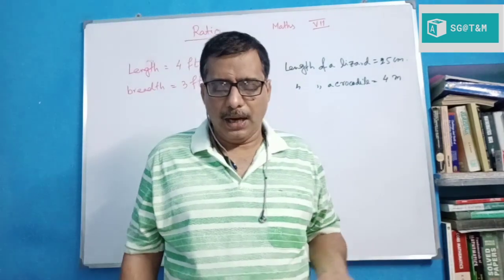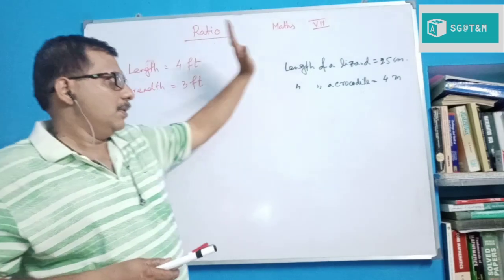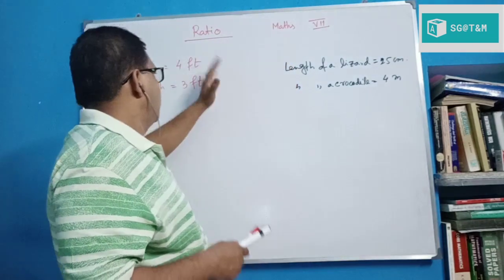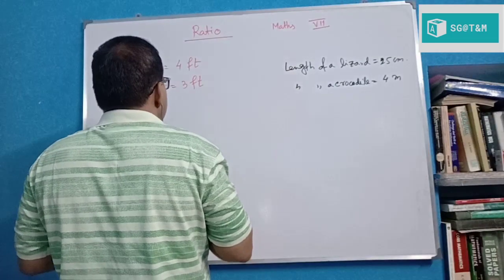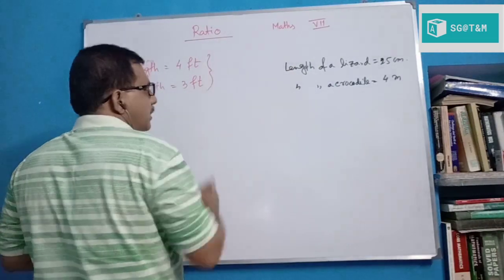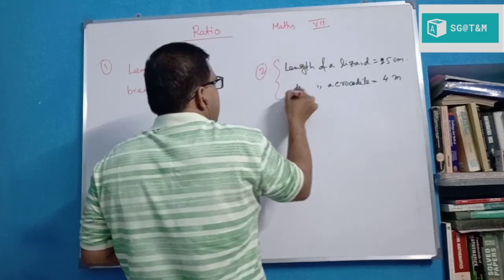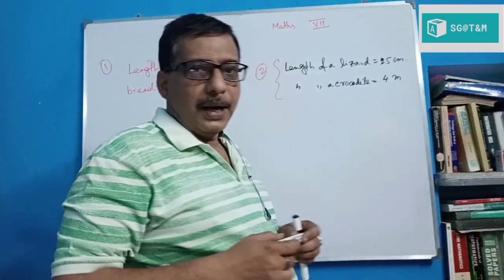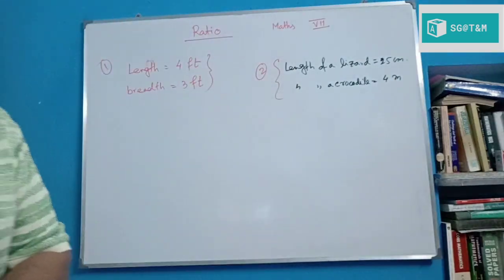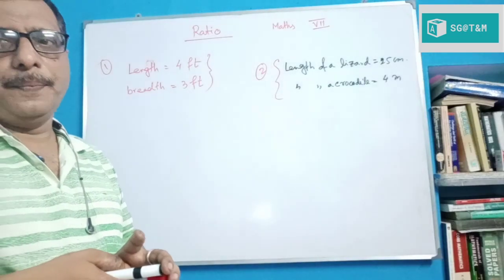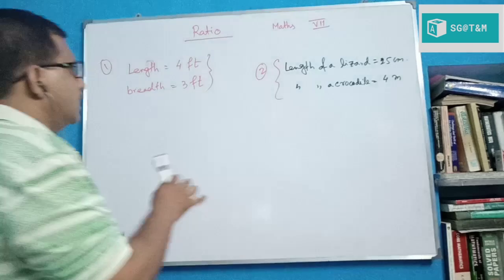Now we compare these two things: the length and breadth of the board, and the length of the lizard and crocodile. This is example set 1, and this is example set 2. How can we compare these? There are two methods to compare them. One is to just take the difference.